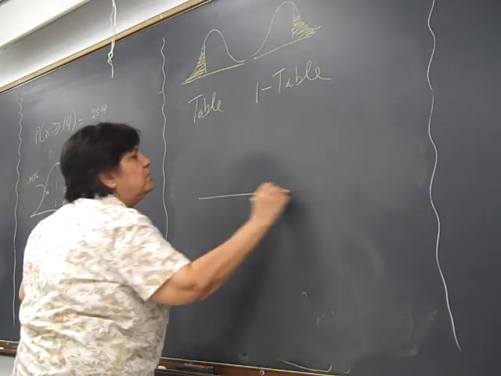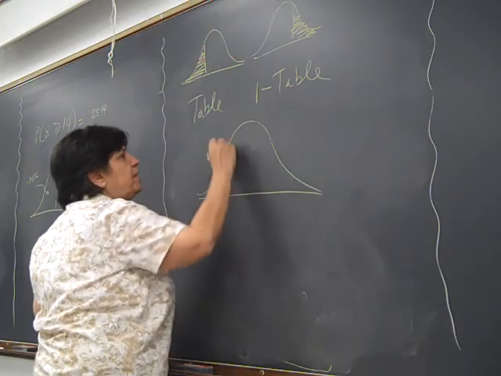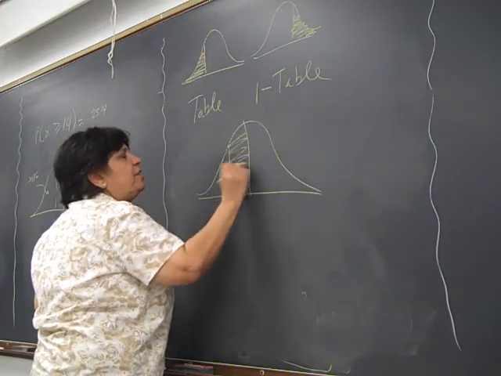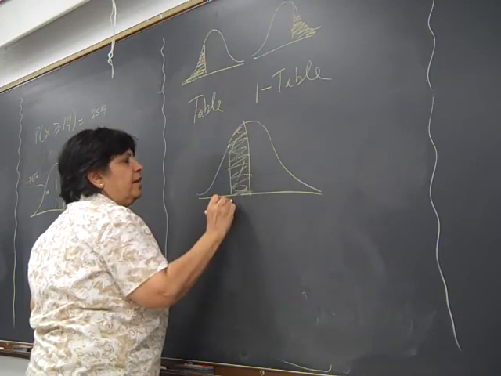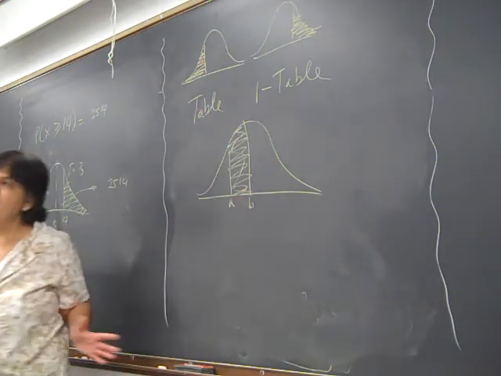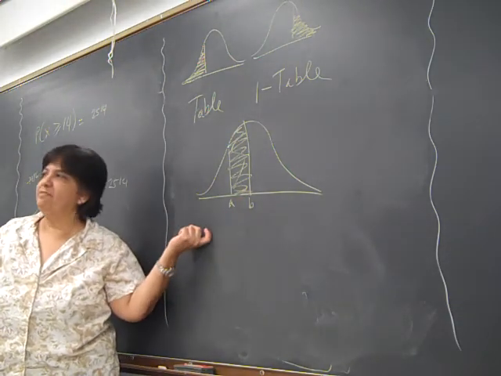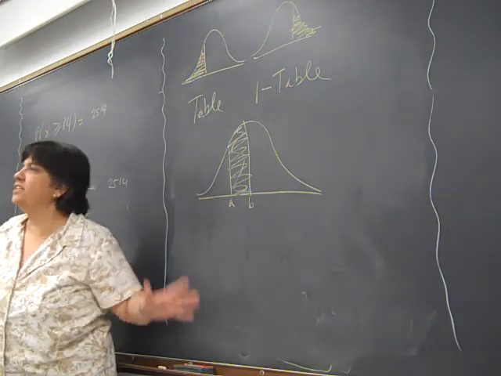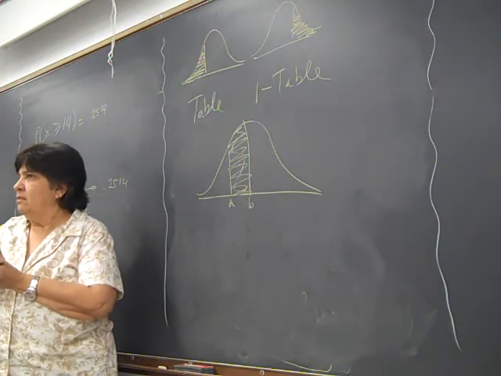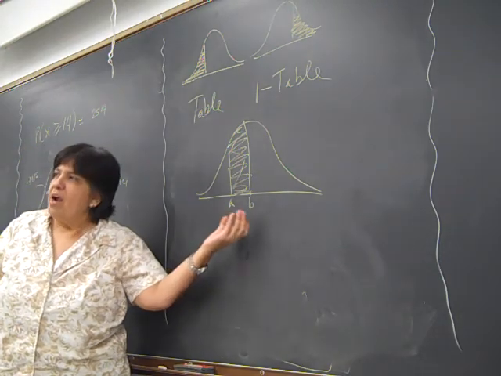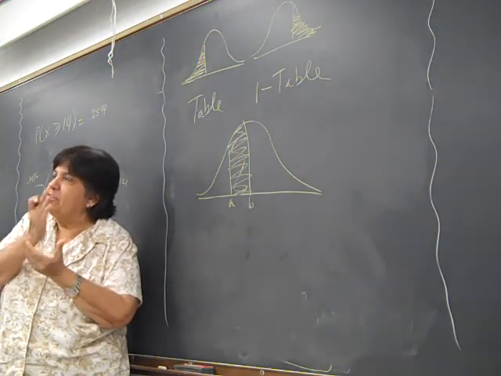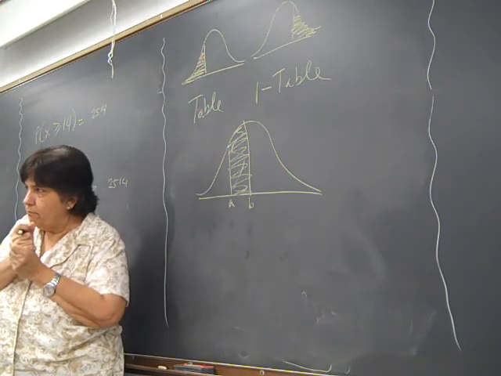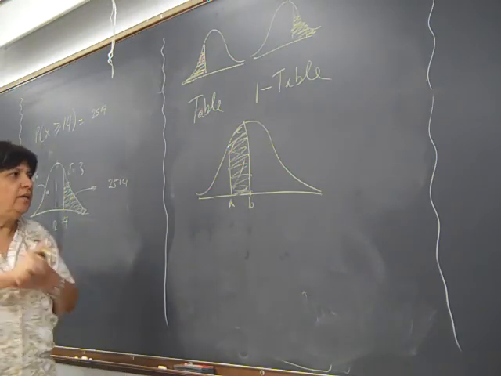What if I ask you what is the probability that X is between a particular interval, A and B, wherever A and B can be, both on the left side, both on the right side, or one on each side? It doesn't matter where the position of A and B is.